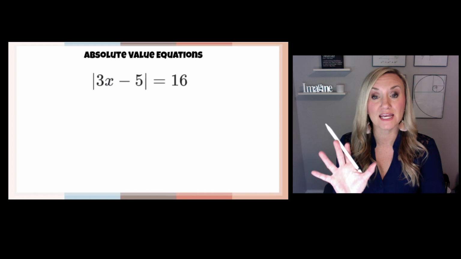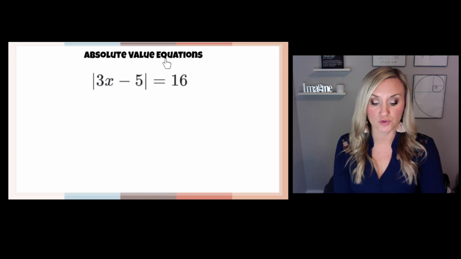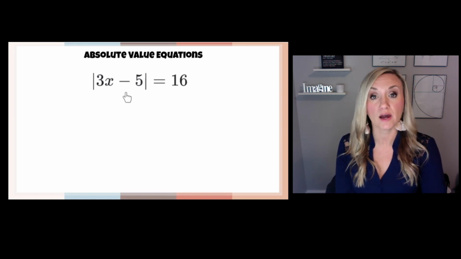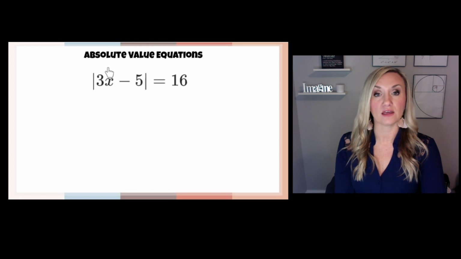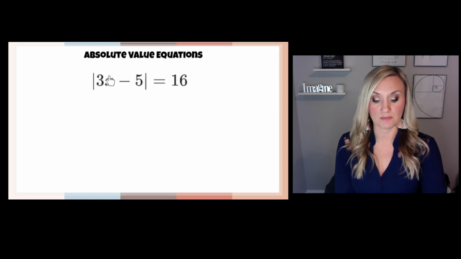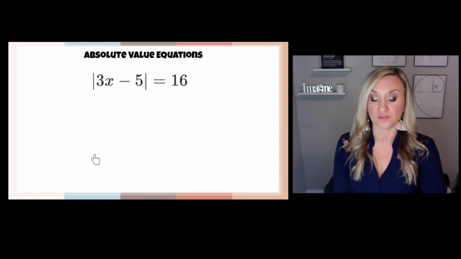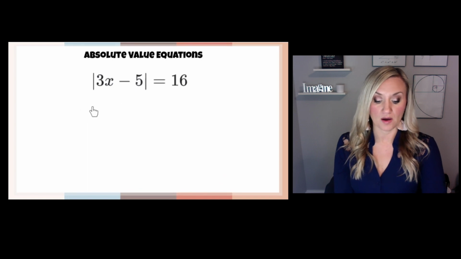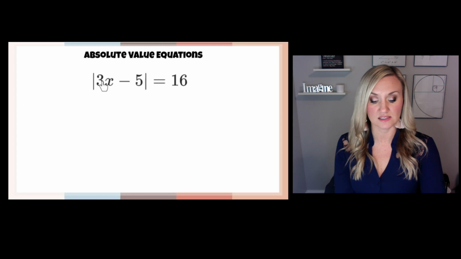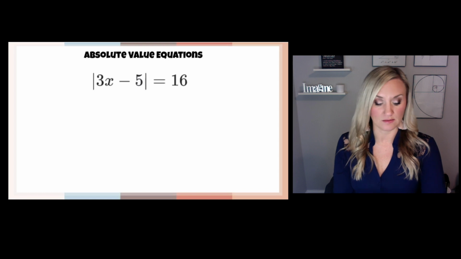No, that stays true. That stays true to this equation, and you're right. Anything inside of this is going to be positive with whatever we find for x. But when we break it up into 2 separate equations, this stays the same, because one will be positive and one will be negative with the 16.